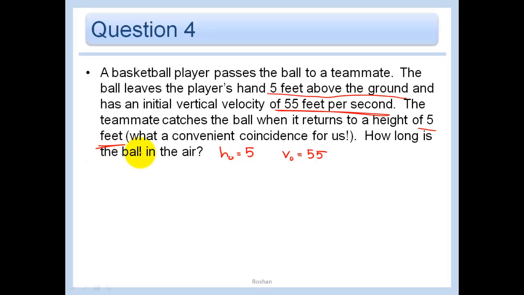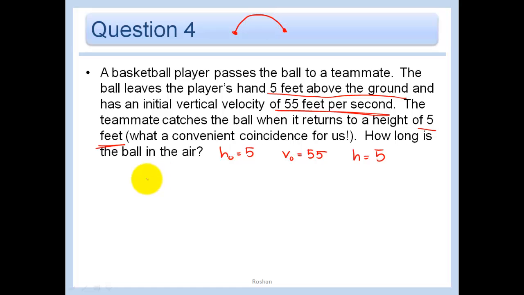So the final height, because that's where she catches it, is h equals 5. How long is the ball in the air? So basically, they threw it, it went like a parabola, and it came back down to the same height that it started at. All right, so we need to know how long this ball was in the air.